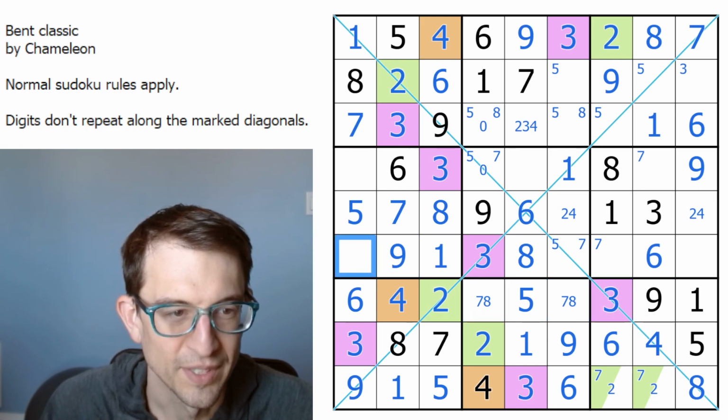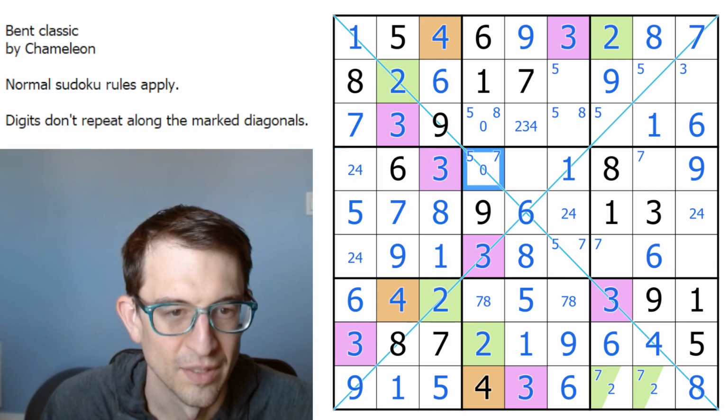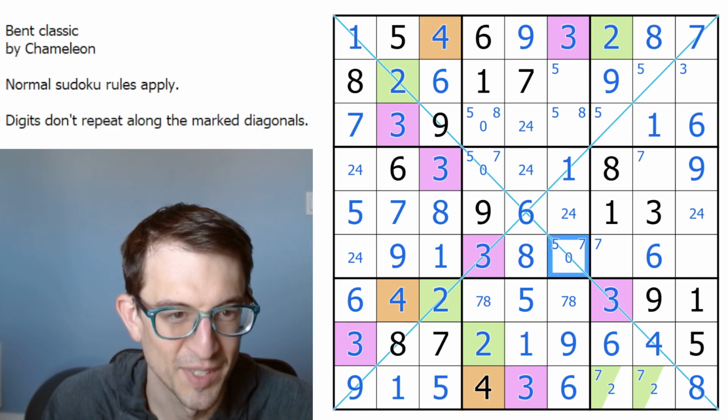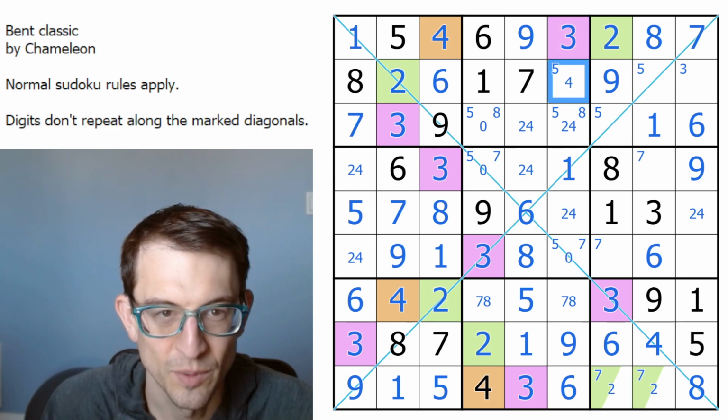And what's left here? 2 and 4. This is 2 or 4. So this is also 5 and 7 in some order. Other 2 or 4 is one of these. That can't be 2.